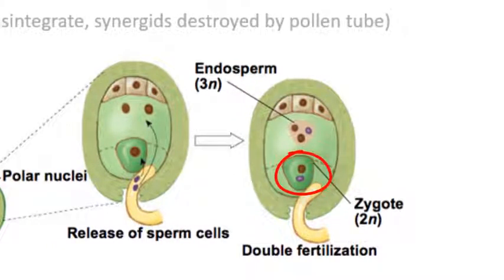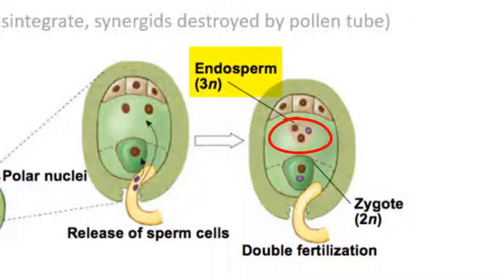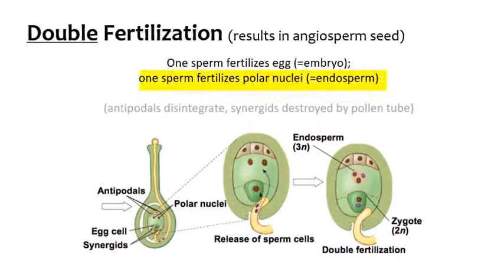That's what you would expect. But then the second sperm fertilizes this part of the ovule, and it grows into a structure called the endosperm. That will become the food source for the zygote. So double fertilization makes the zygote, the embryo, and the endosperm, the food.